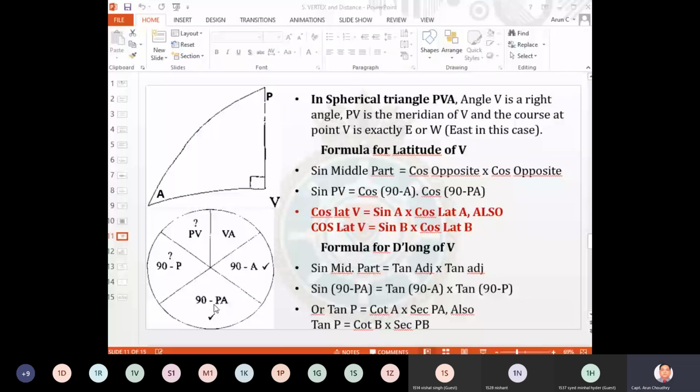Just compare your Napier diagram to this. Everybody got correct or no? I trust you. If you say no, I will understand.